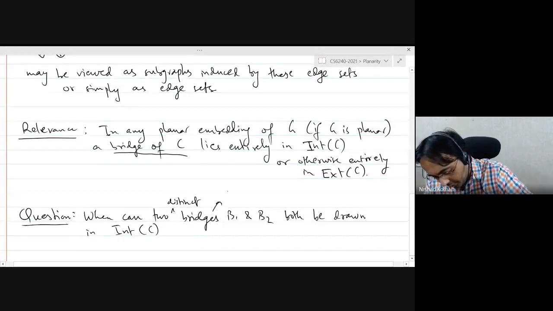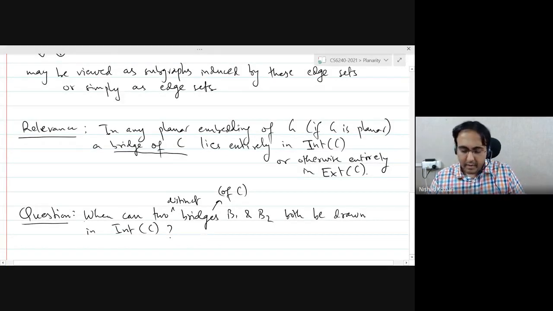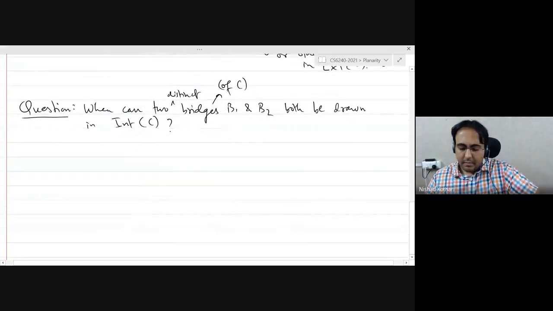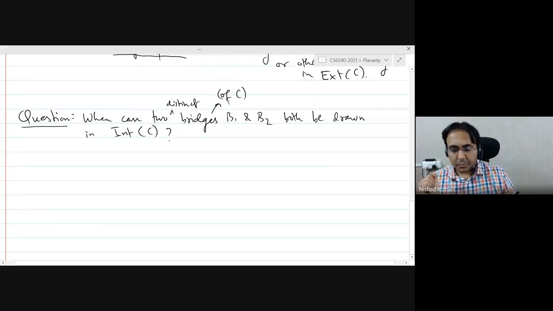So bridges of the cycle C. Okay. So in order to answer this question, we are going to find some more terminology very useful. Okay.